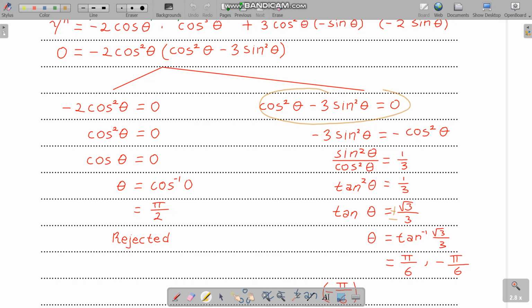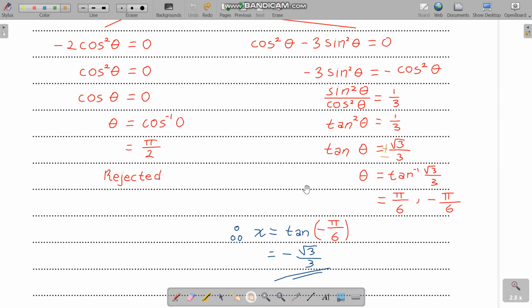Now for the second factor, we can move this to the right, or subtract both sides by cos squared, and then we divide both sides by 3, divide both sides by cos squared, and then sine over cos is tangent. We take the square root, so we have plus minus. So theta is actually plus minus, that's why we have 2 possibilities in the domain.